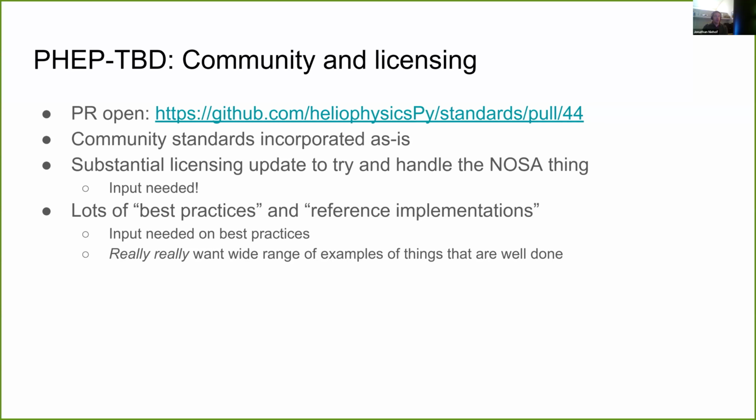Also, I wrote it to be awfully prescriptive because one of the things that came out of that conversation was that we really want new people to be able to come and have very clear guidance. So what it says right now is if you're looking for a license, you do 3-clause BSD or Apache. And that was based on my potentially faulty memory that I think Apache is the other one that NASA's okay with. It might be MIT. Somebody correct me if I'm wrong.